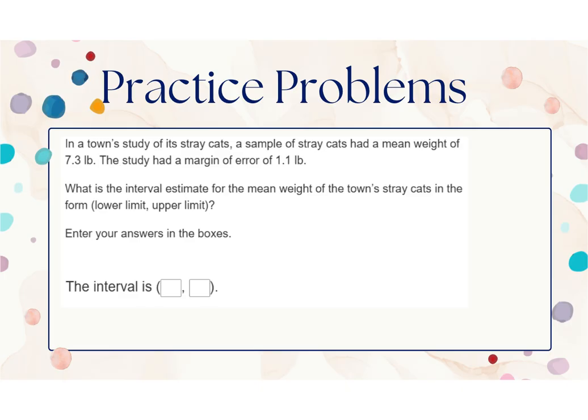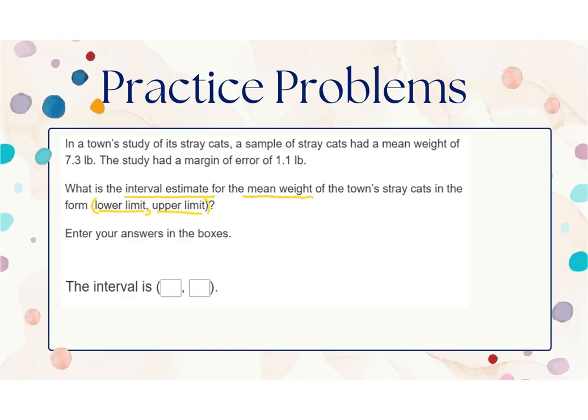Now we need to find the interval estimate of the mean weight of the town stray cats in the form of your lower limit, comma, your upper limit.